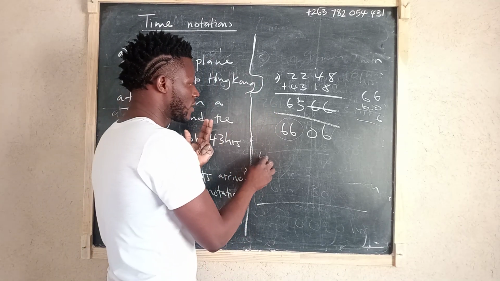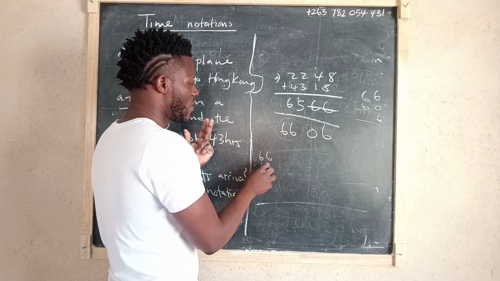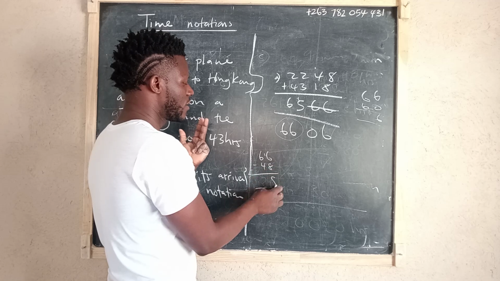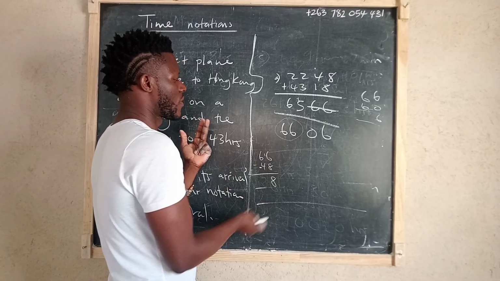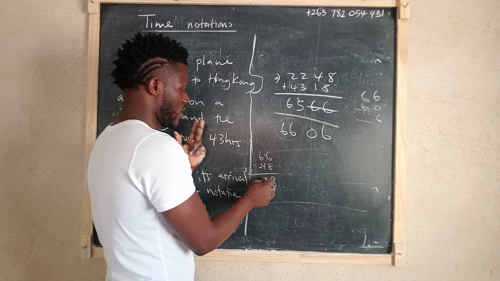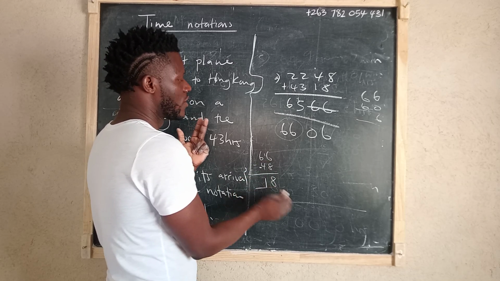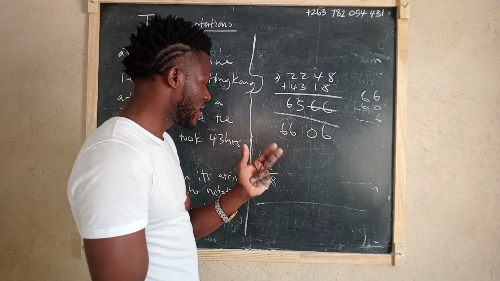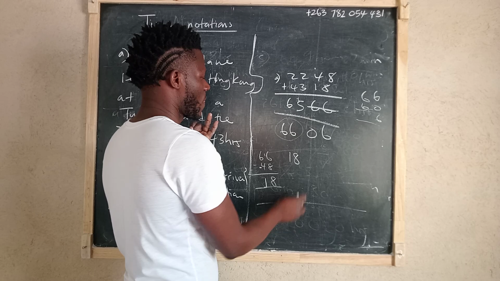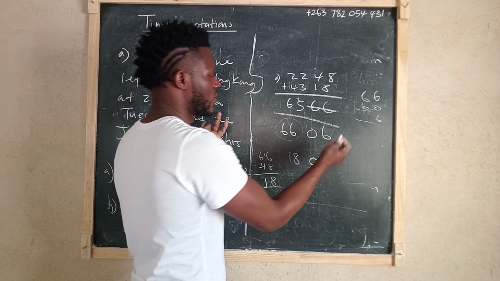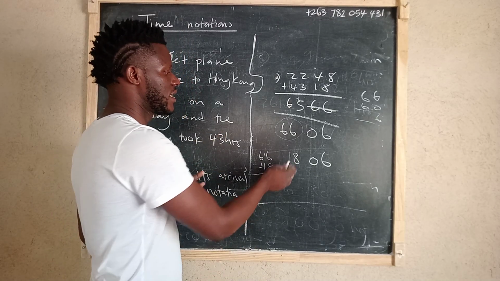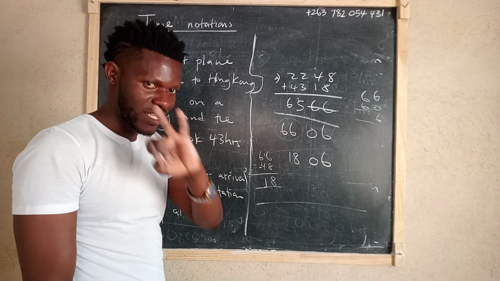So now it's 66 minus 48: 16 minus 8 is 8, 6 minus 5 is 1. So if we remove 48 hours, or 2 days, we remain with 18 hours and 6 minutes. So the jet plane arrived at 18:06 after 2 days.